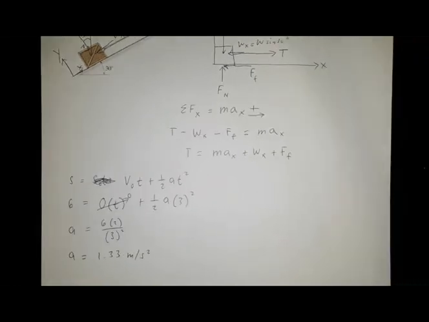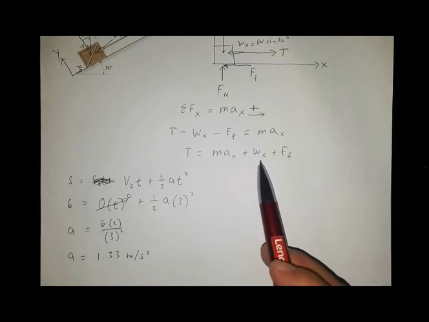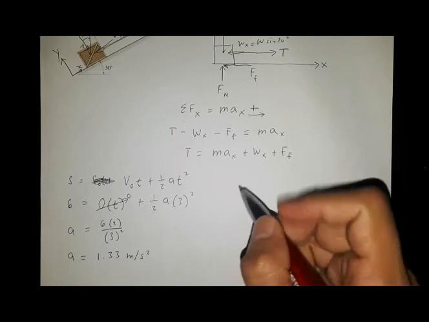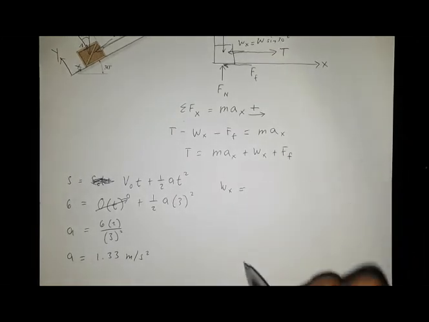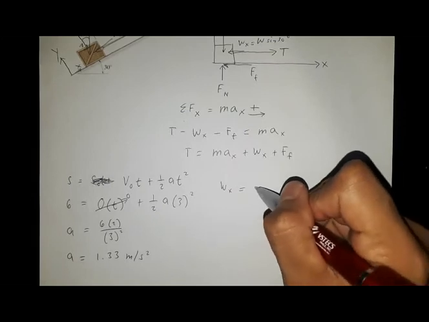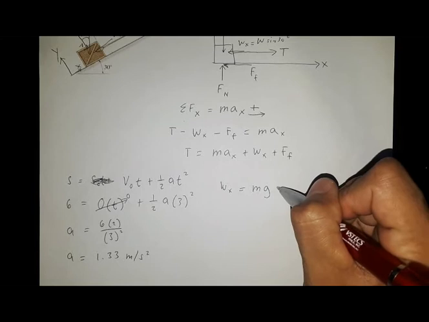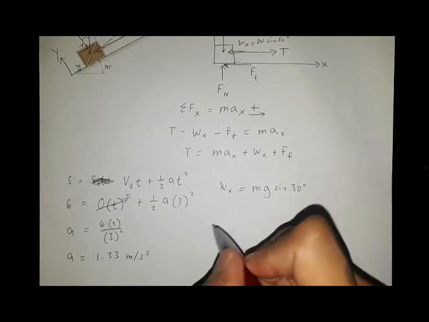Now let's solve for Wx. Wx equals m times g sine 30 degrees.